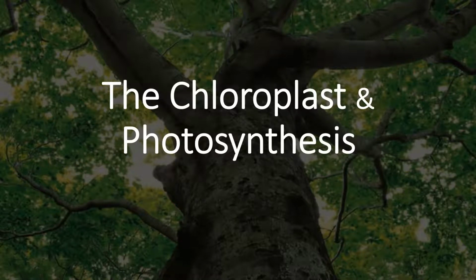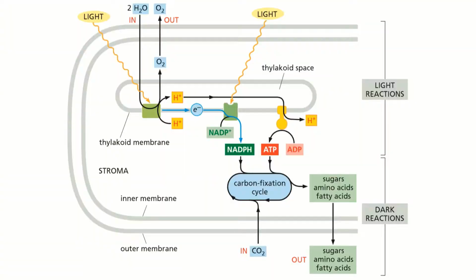Now that we know all about the light-dependent reactions of photosynthesis, let us look more closely at the light-independent reactions, also known as the dark reactions. The light-independent reactions would also be the portion of photosynthesis where carbon dioxide is reduced to become sugar.